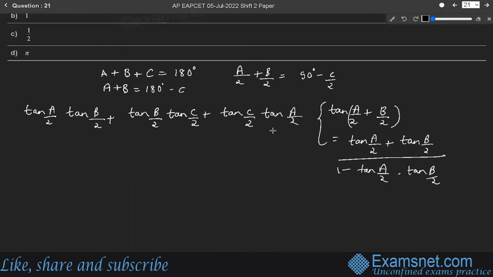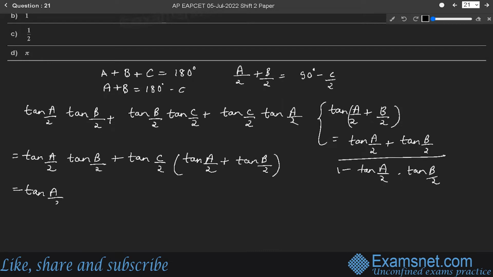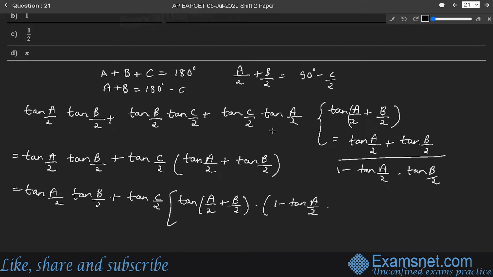So this expression will be tan A by 2 into tan B by 2 plus tan C by 2 into tan A by 2 plus tan B by 2, which will be equal to tan A by 2 into tan B by 2 plus tan C by 2 into, from here you can see that tan A by 2 plus tan B by 2 will be equal to tan of A by 2 plus B by 2 into 1 minus tan A by 2 into tan B by 2. We have substituted the value here.